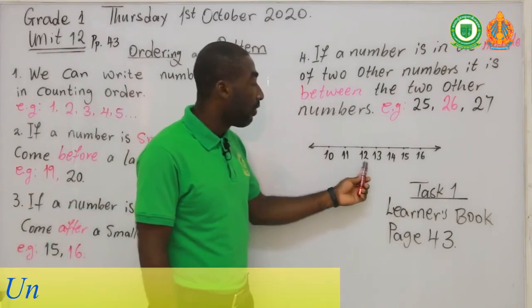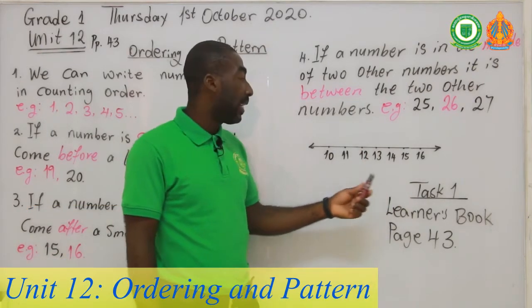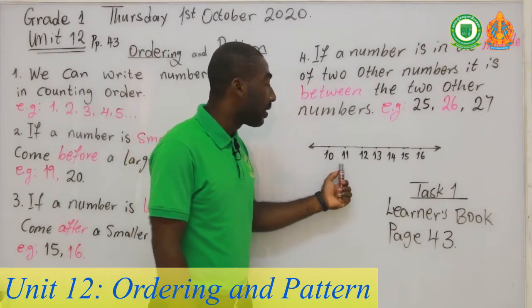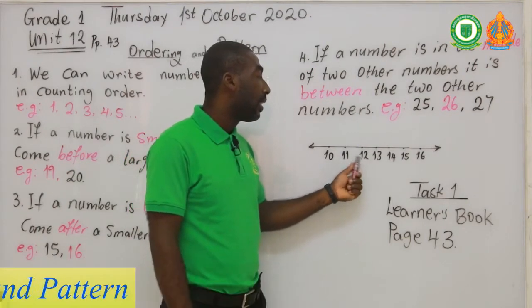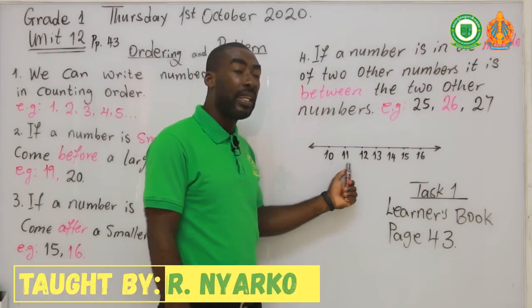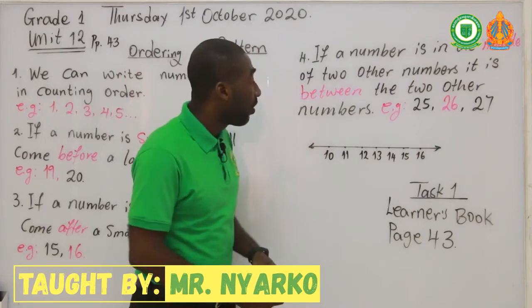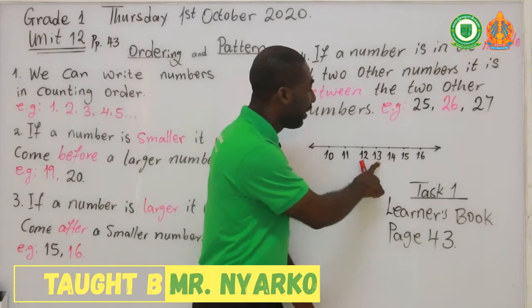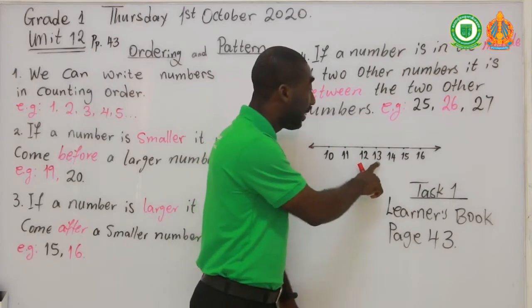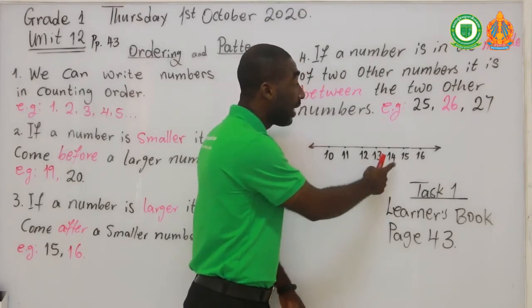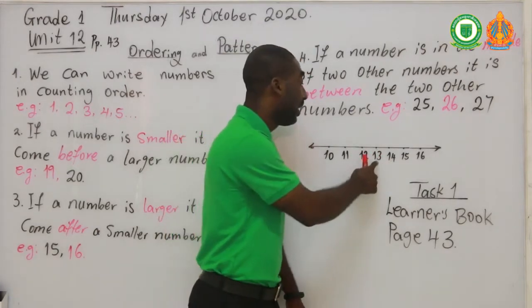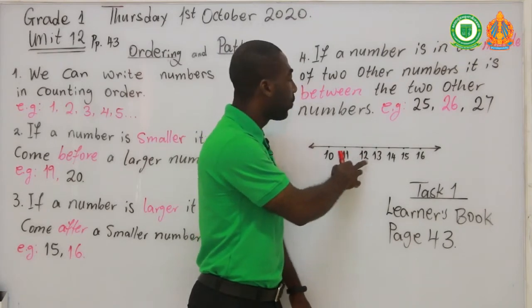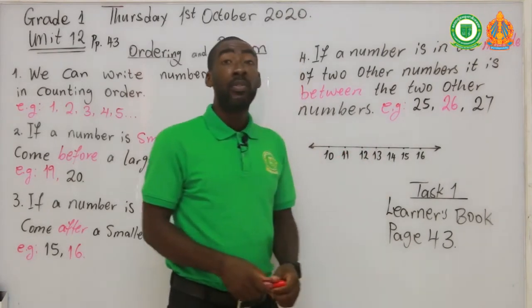And then 12 here is bigger than 10 and 11 because it comes after 10 and 11, okay? You can also say that 13 is in the middle. 13 is in the middle of 12 and 14. That means 13 is between 12 and 14.